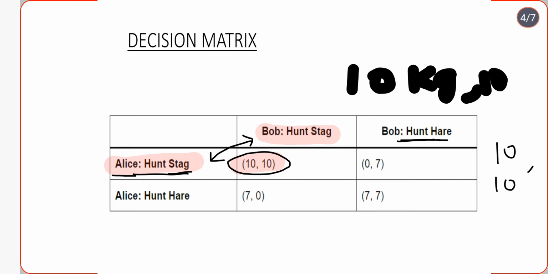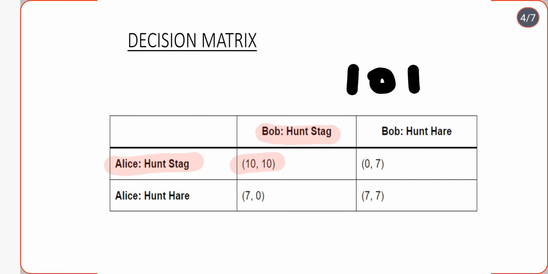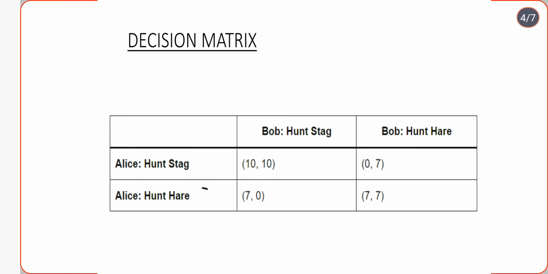Similarly here, if we consider this scenario, Alice is thinking of hunting the hare and Bob is thinking of hunting the stag. So Bob is thinking of hunting the stag, but Alice is thinking of hunting the hare.